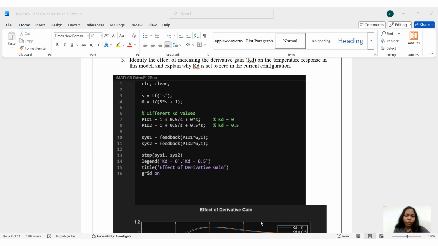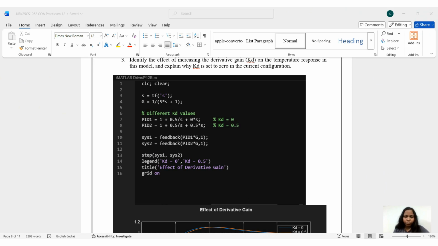However, it can also amplify noise and make the system unstable if not tuned properly. In this practicum, KD is set to 0 because the system already achieves stable performance using only proportional and integral control, making derivative action unnecessary.